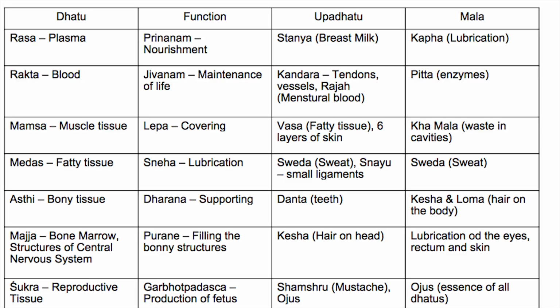If there's a variation, for instance, if the hair on the body is irregular in growth, or patchy, then that also indicates that there's a variation in the process of nourishment of these dhatus. So here again, we're going back to looking at what the normal functions of the dhatus are and what the normal representation of that is. And whenever there is a variation in this normal, then that means that there is something wrong in the process.